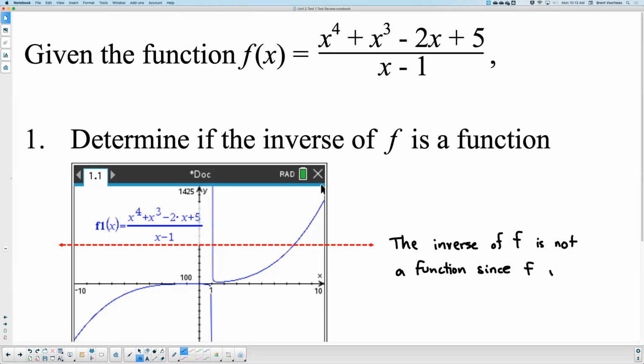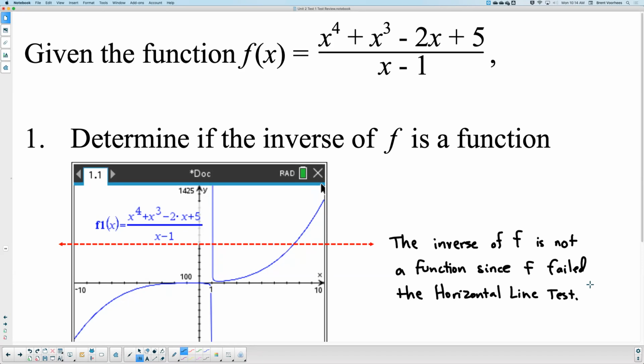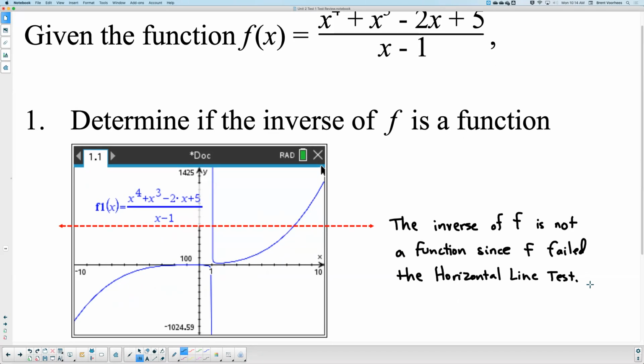Since f failed, and I'm not just going to write HLT, I'm going to write it out, the horizontal line test. The inverse of f is not a function since f failed the horizontal line test. So its inverse would just be a relation, not a function. Make sense on number 1? How we do that? You need to remember the horizontal line test.